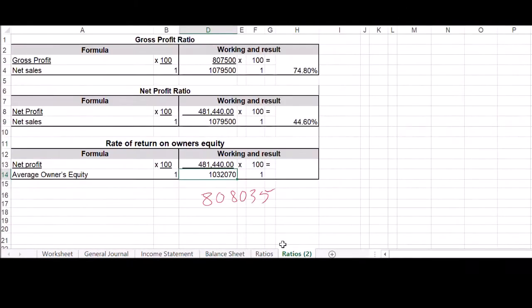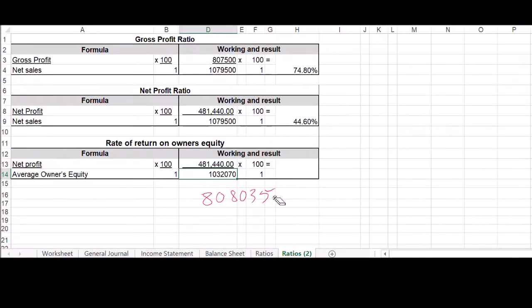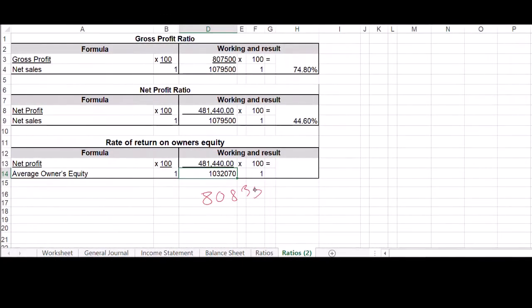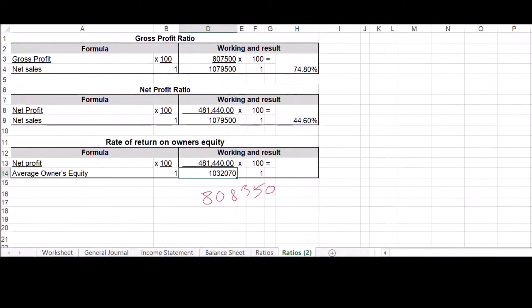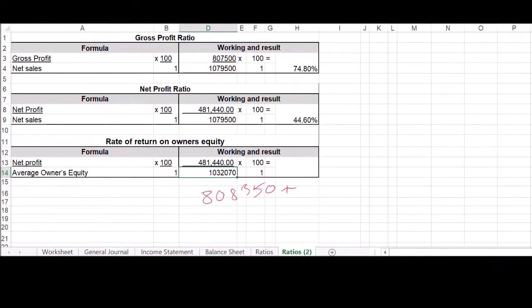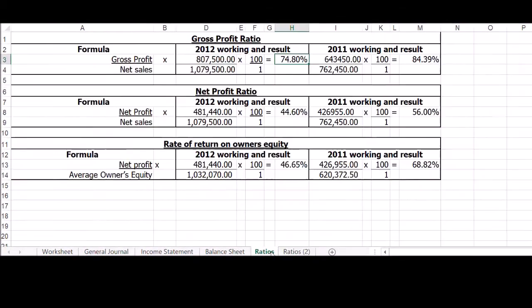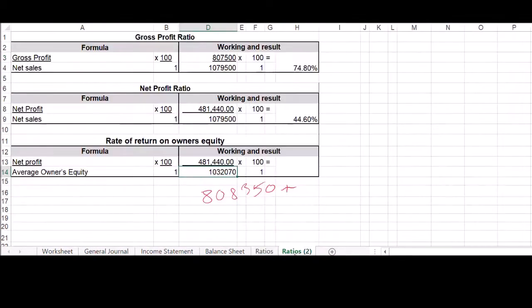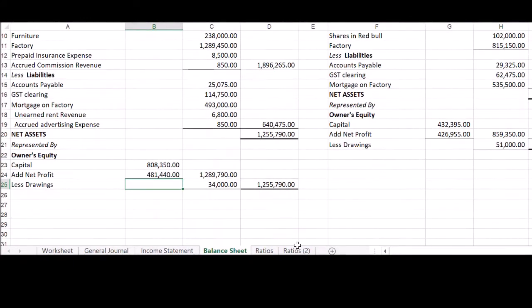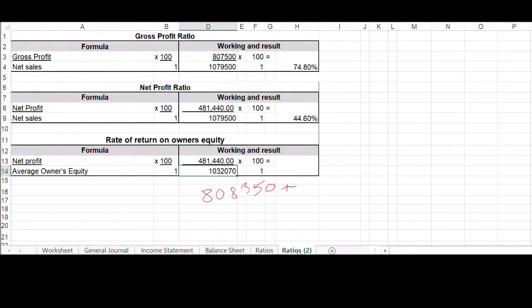Sorry, 350, get that right. I'm going to add it to the closing, which was 1,255,790.